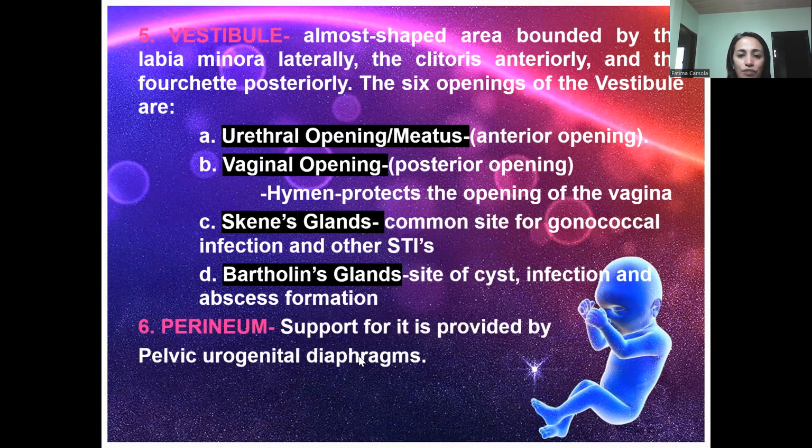The perineum is support where it is provided by pelvic urogenital diaphragms. Okay, so this one, the perineum, is very important as we do the right mediolateral episiotomy and the median episiotomy. So what is the thing with these two? Before they have decided to perform the right mediolateral episiotomy so as not to hit the anal sphincter and prolong the agony of a woman.